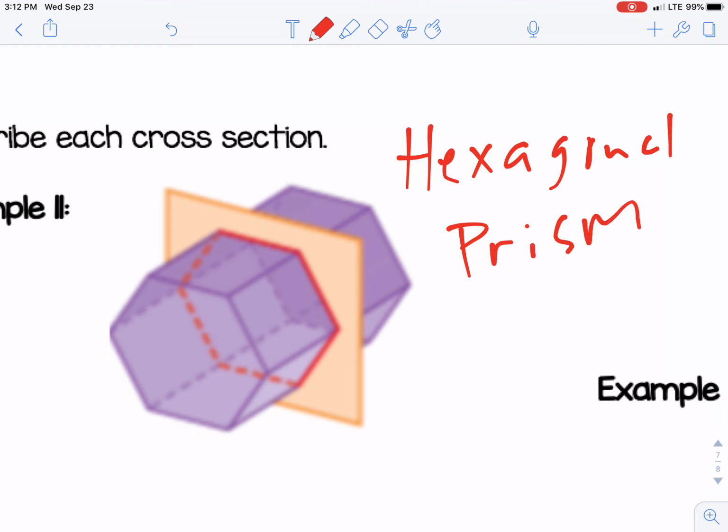We are going to cut it straight up and down. And so our cross section is really what is the shape of that piece where that plane and that three-dimensional shape intersect. Well, the cross section is just a hexagon.